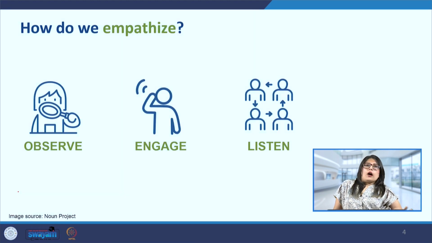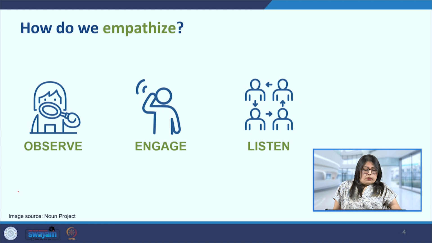Now, how do we empathize? We know now why empathy is an important aspect of the design thinking process, but the question is how do we go about empathizing? Right. So the first way of empathizing with our users is to observe.